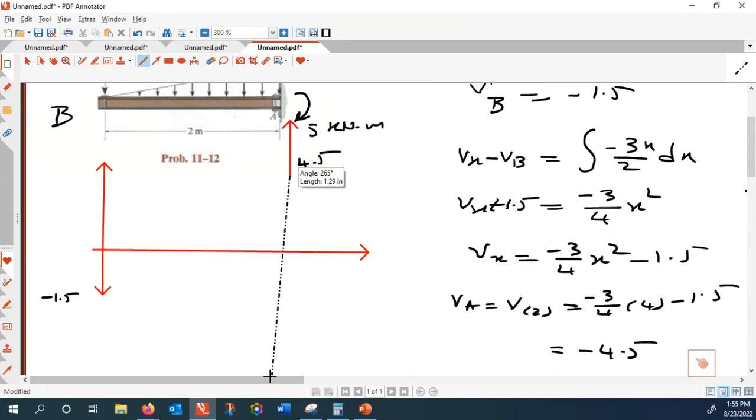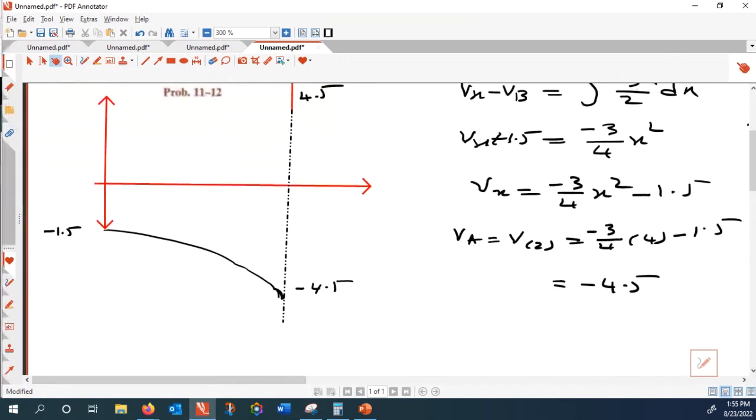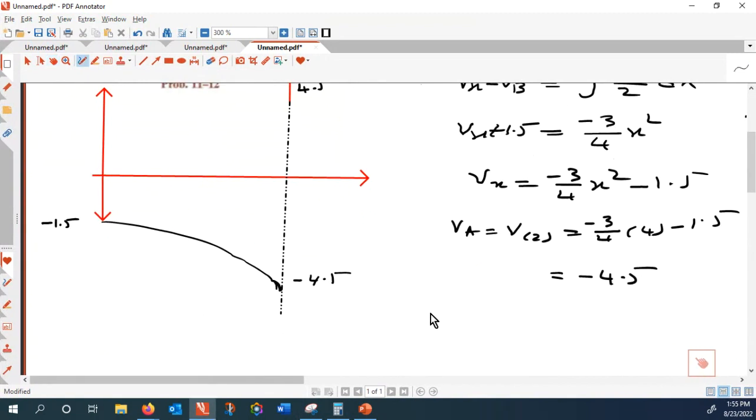That is the shape would be like this one. This is minus 4.5. And then I have to find M of x.